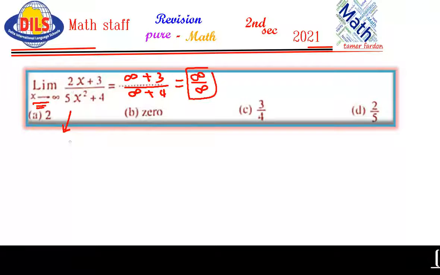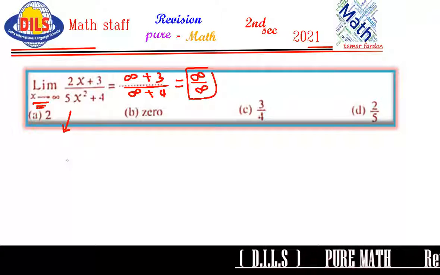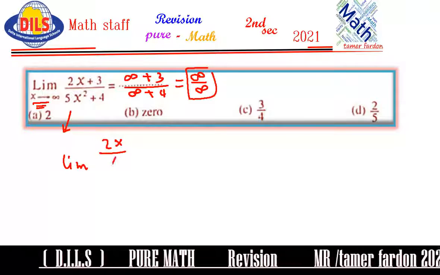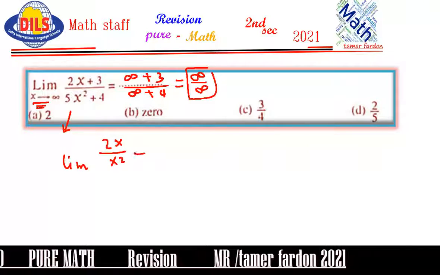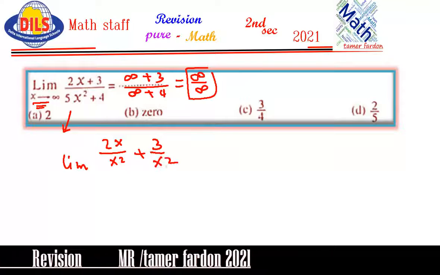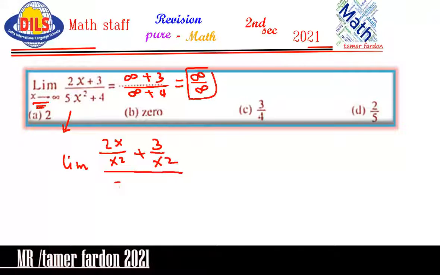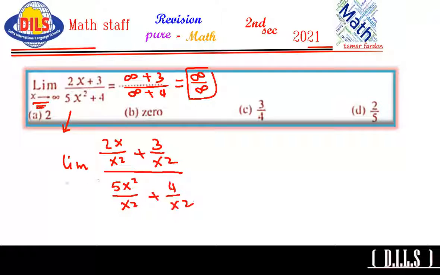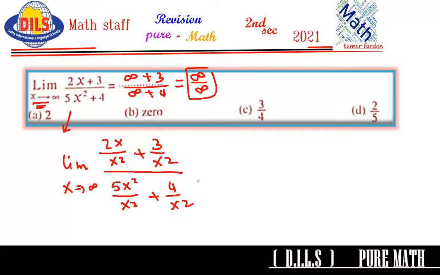So divide up and down by x power 2 to get limit 2x over x power 2 plus 3 over x power 2, over 5x power 2 over x power 2 plus 4 over x power 2, when x tends to infinity.